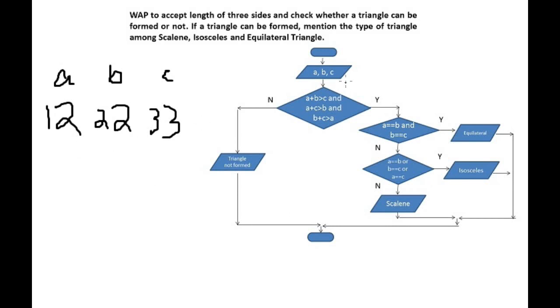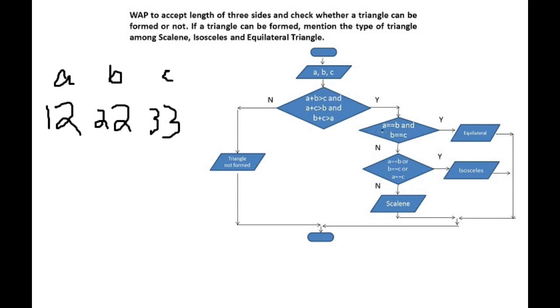Now let us start from the beginning. What is happening? Is A plus B greater than C? 12 plus 22 is 34. It's greater than 33. Now A plus C. Is A plus C, that is 12 plus 33, that is 45, greater than 22? Yes. Now B plus C. B plus C is going to be 55, that is far greater than 12. So a triangle can be formed.